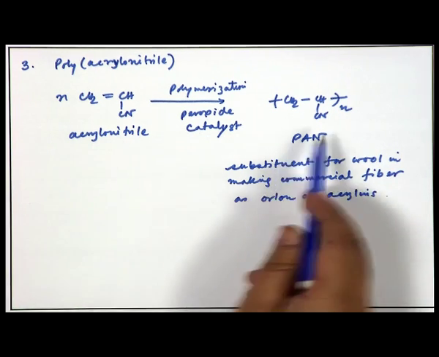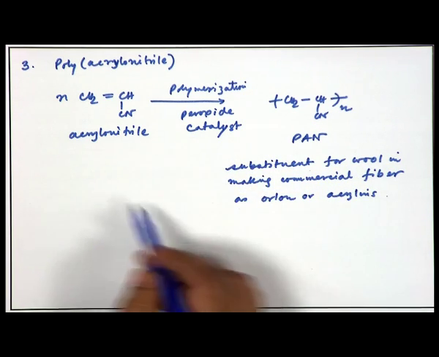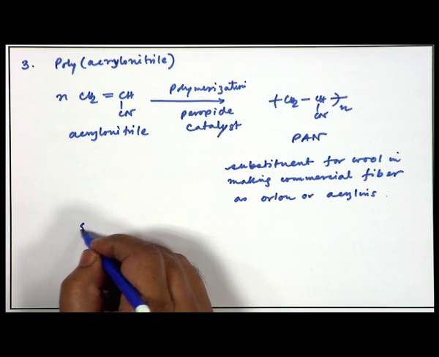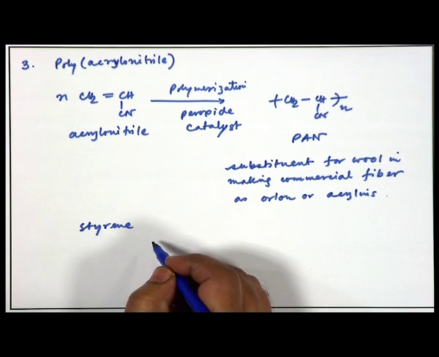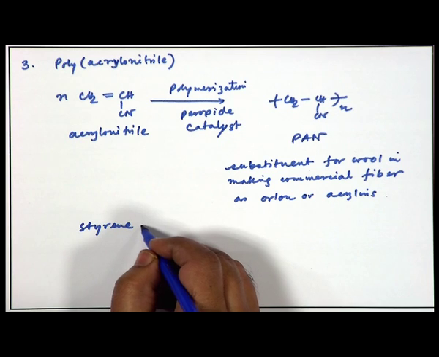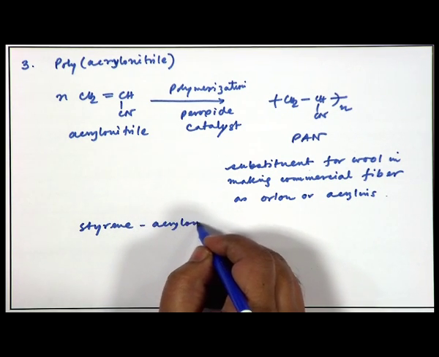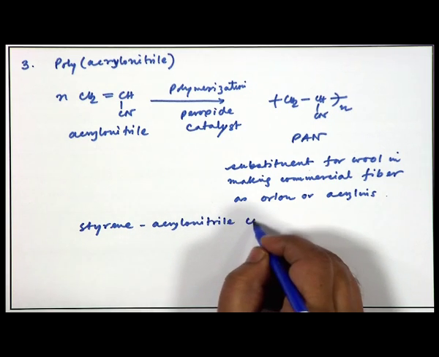Now, the applications of polyacrylonitrile are limited. Generally, it is combined with styrene and synthesized as styrene acrylonitrile copolymer.